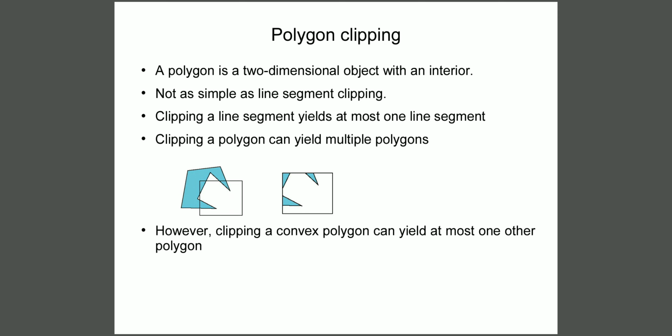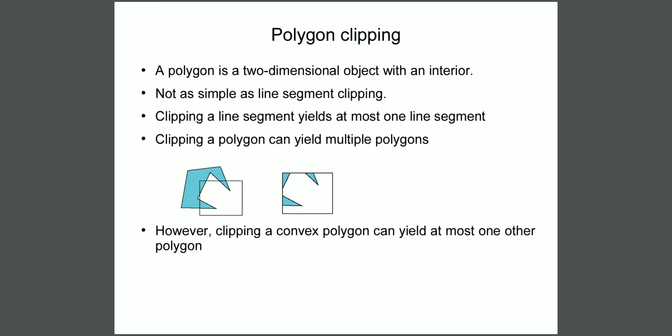This problem arises when we try to perform clipping on concave polygons. When we perform clipping on a convex polygon, we can directly say that we'll get a single polygon, not multiple polygons. So when we perform clipping on a concave polygon, the result may not be a single polygon; it may be multiple polygons.